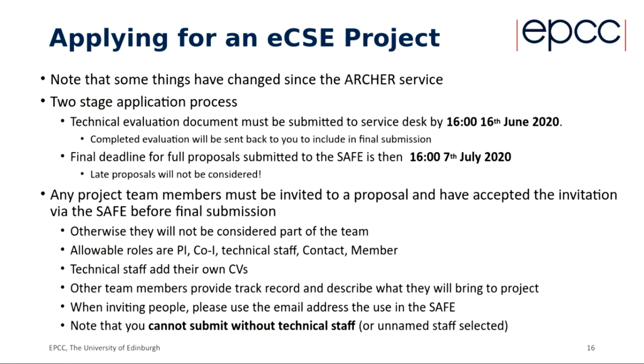So a technical evaluation document can be downloaded from the website. It should be filled in and sent to the ARCHER2 service desk by that first deadline on the 16th of June. So this form concentrates not so much on the work that's going to be done, but on the codes that are going to be worked on. So you should fill in the form and submit it to the service desk.